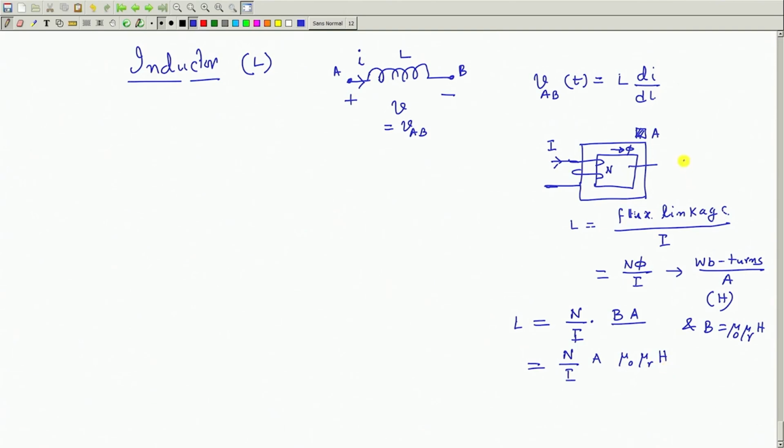But you know that the value of H is N I by L. What is L? L is the mean length of the flux path. This we know, I will assume, we will not go into detail. So, this length is L. So write it down.